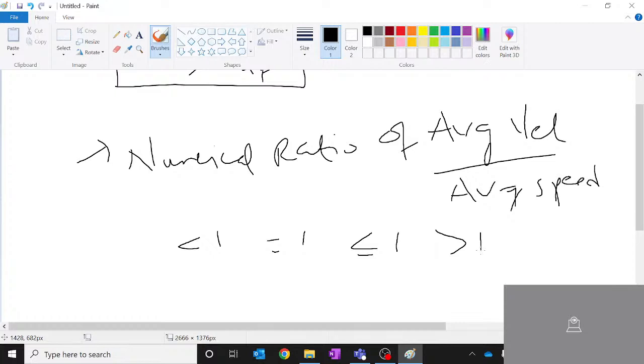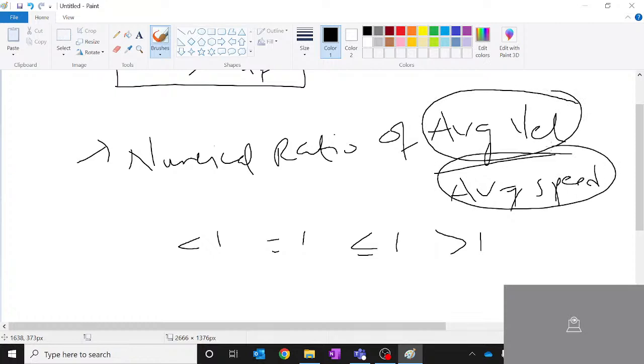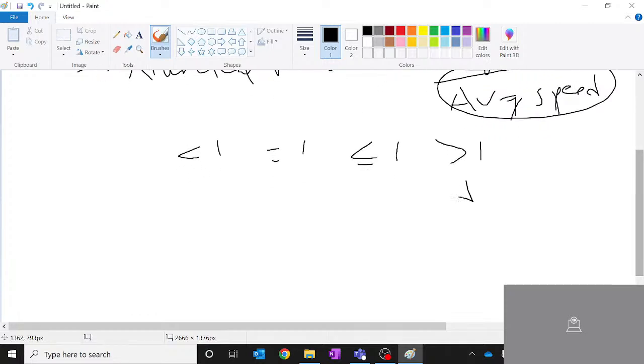Similarly, like how we have seen for distance, the ratio between velocity and speed is nothing but the ratio between displacement and distance, correct? Now, if the ratio between displacement and distance is always less than or equal to 1, what will be my ratio between velocity and speed?